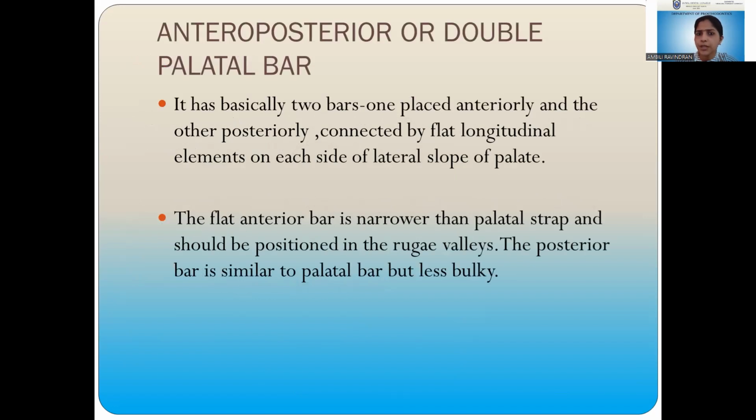Coming to the anteroposterior or double palatal bar. It has two palatal bars, anteriorly and posteriorly, which are connected by a longitudinal element on the lateral slopes of the palate. The anterior bar is somewhat narrow, just like a palatal strap, but the width will be less, and the posterior bar is similar to a palatal bar itself.